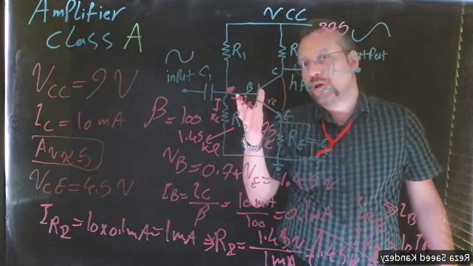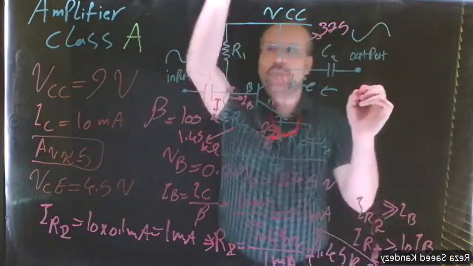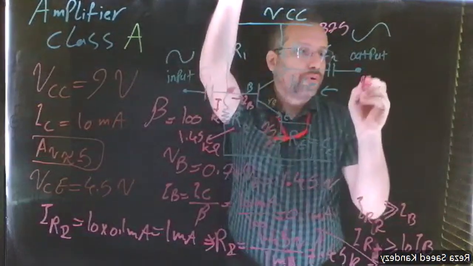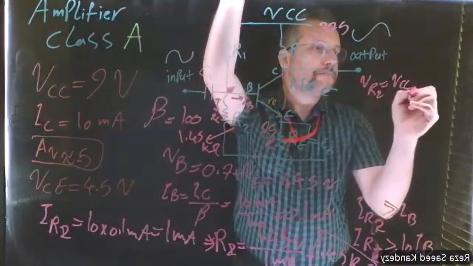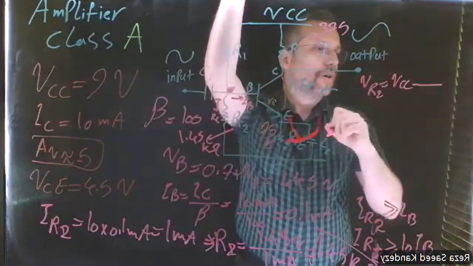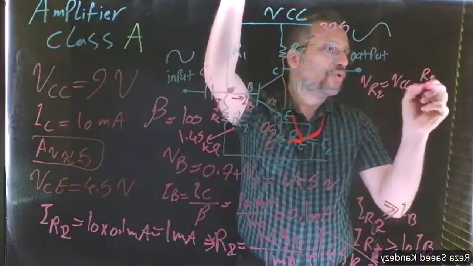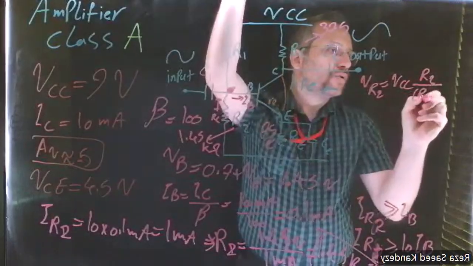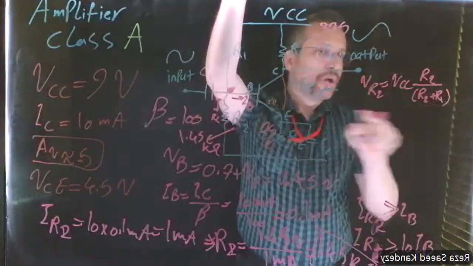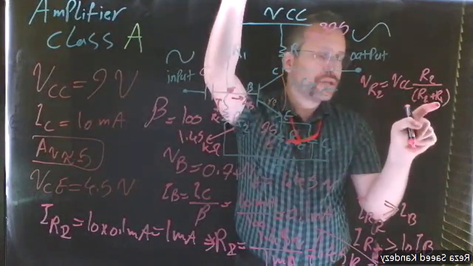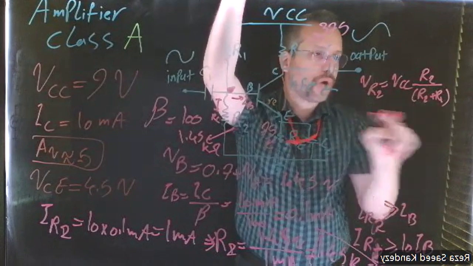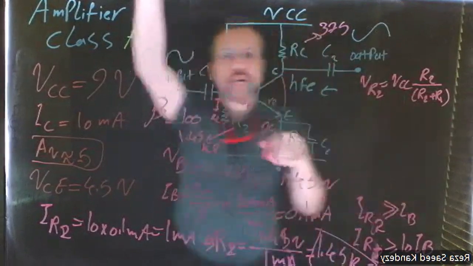Using the voltage divider formula, the voltage across R2 is VCC times R2 over R2 plus R1. Using this we can solve for R1. This is one way. Another way is to use KCL.